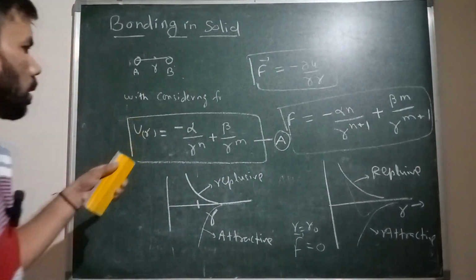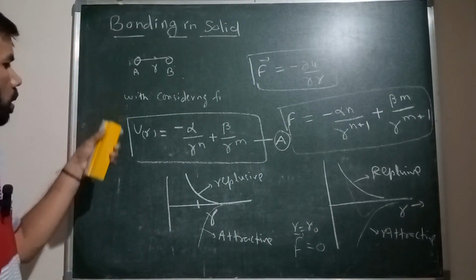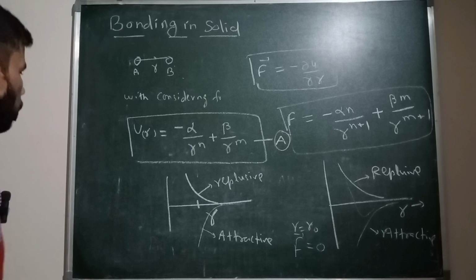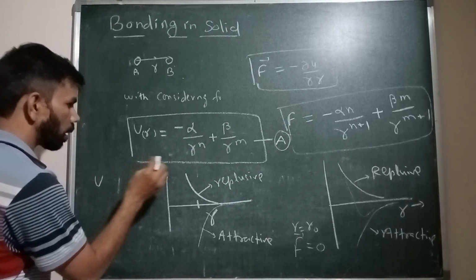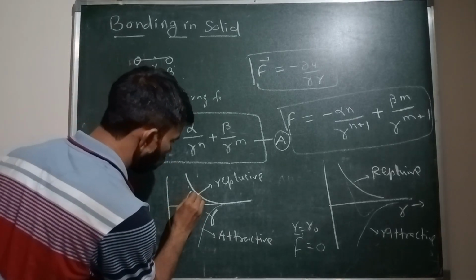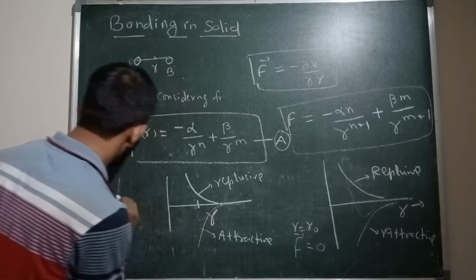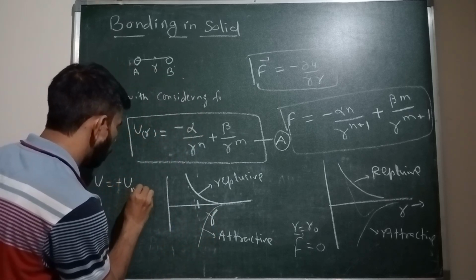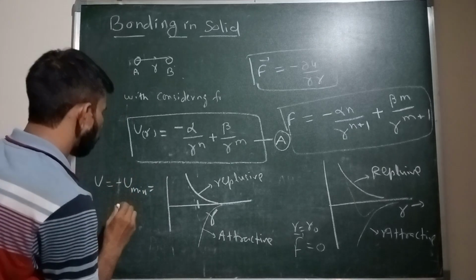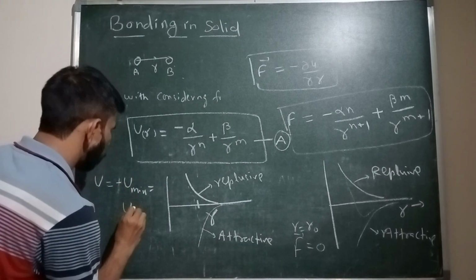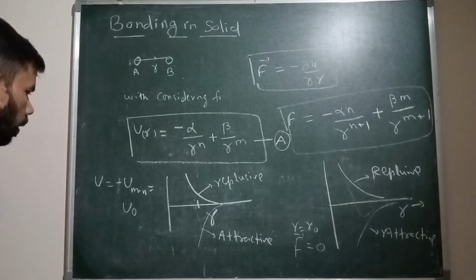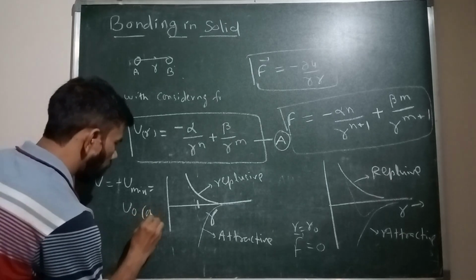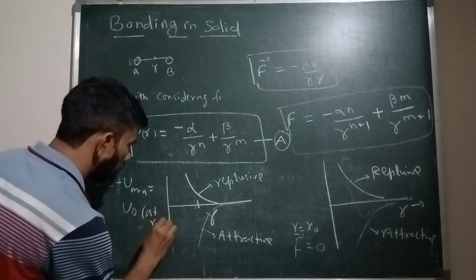But the total energy between these atoms is U, which is U minimum, also written as U naught, at R equals R naught.